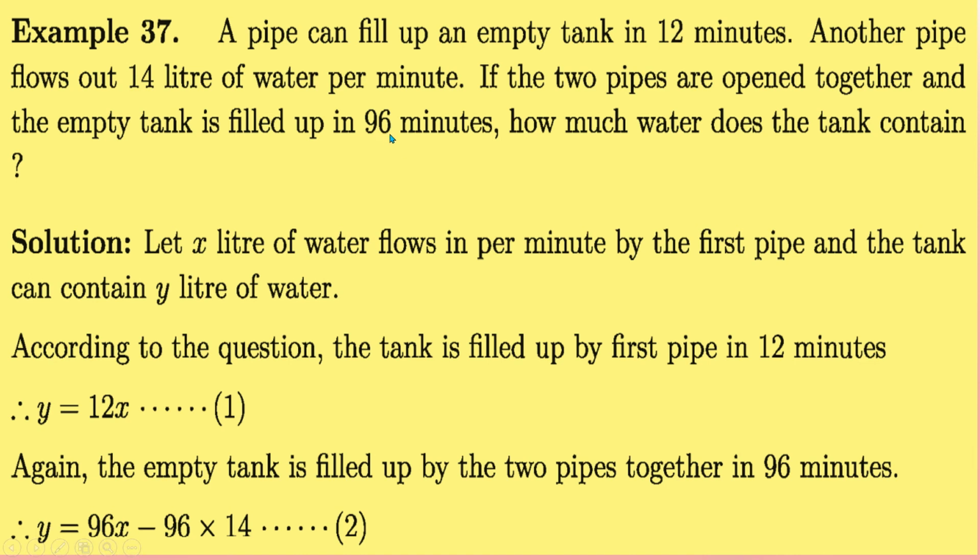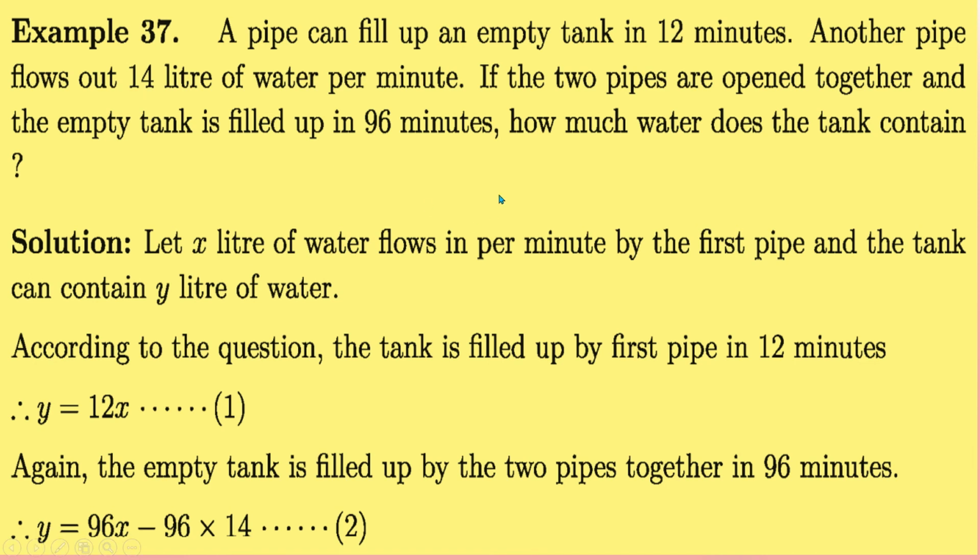So in 96 minutes the second pipe flows out 96 into 14 liters of water, because per minute it flows out 14 liters, as given here.